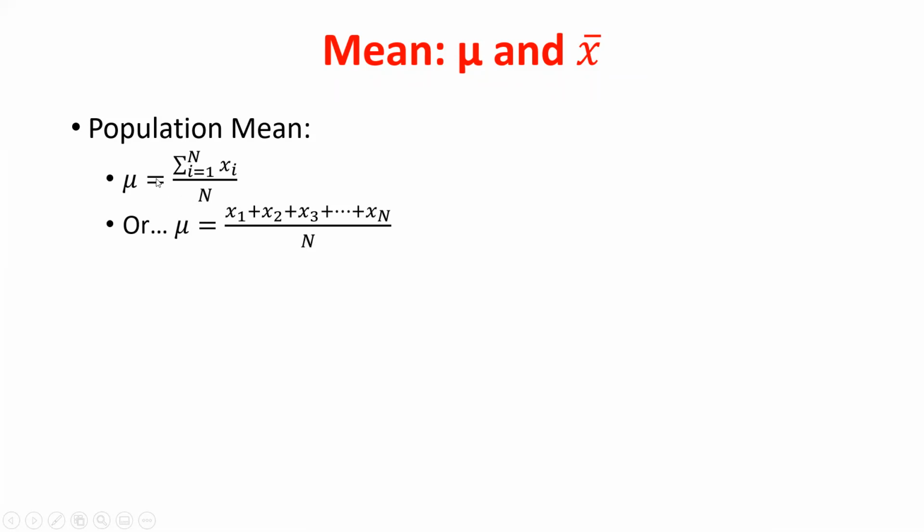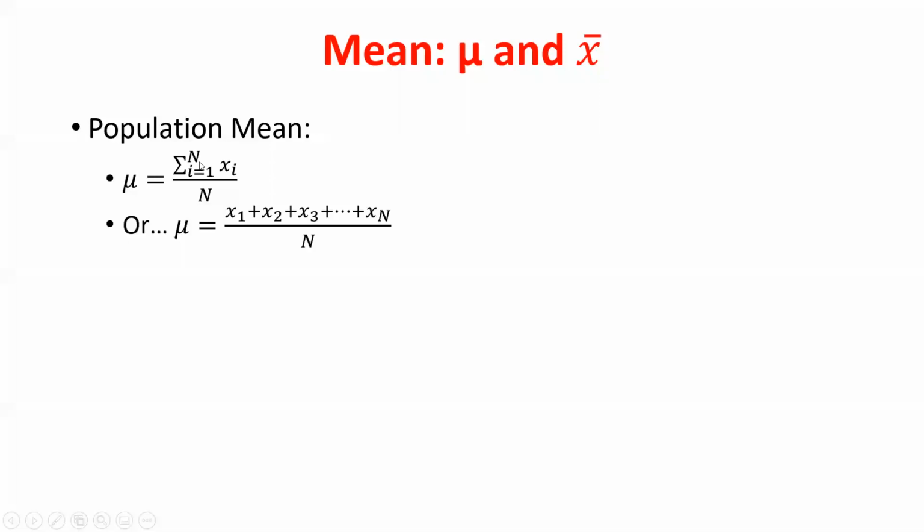Now, we'll start to use the math to understand what's going on behind the scenes with some of these statistics. So with the mean, when I write this capital sigma, this is called a summation sign. What it's saying is go from the very first observation all the way to the last observation in the data set. So capital N represents the total number of observations in the population data, okay?